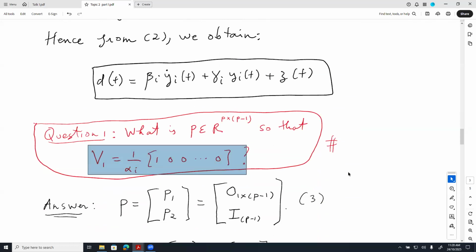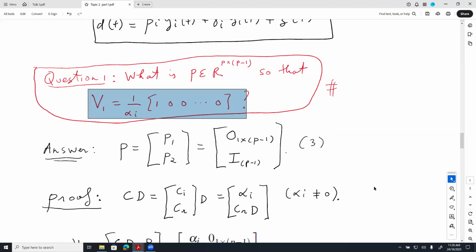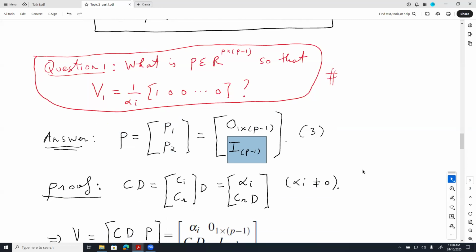Now, the answer is very clear, very obvious. It's actually pretty straightforward, because what we're saying here is if we choose the matrix P according to this structure, where P1 is just a row matrix of dimension 1 by p minus 1, and P2 is an identity matrix of dimension p minus 1, then we can see clearly the following analytical expression for V1.